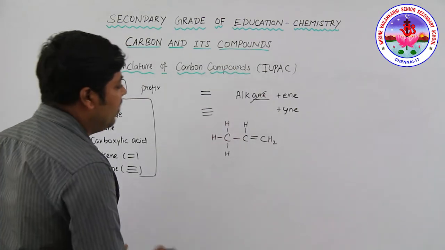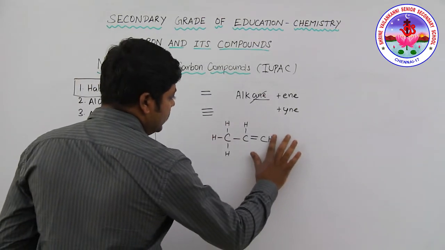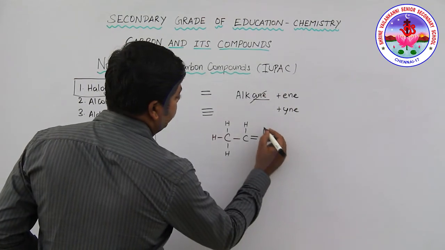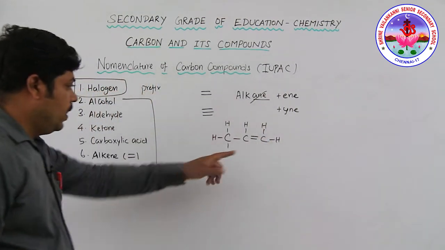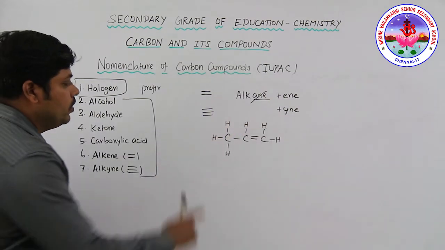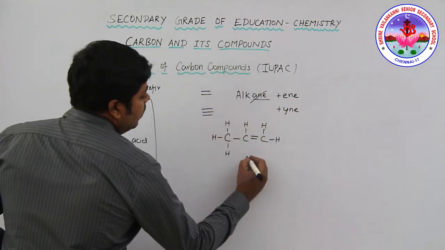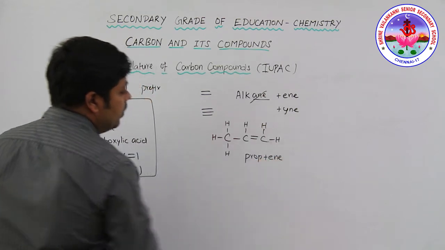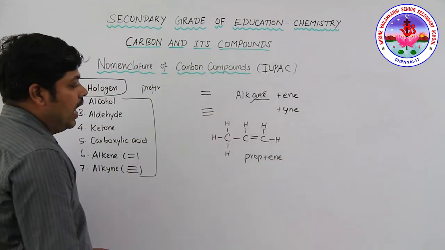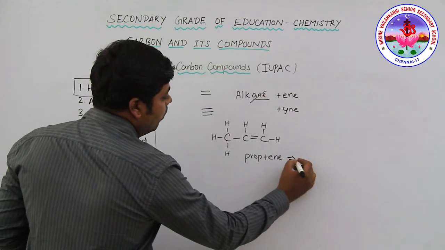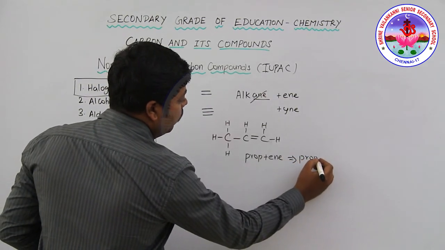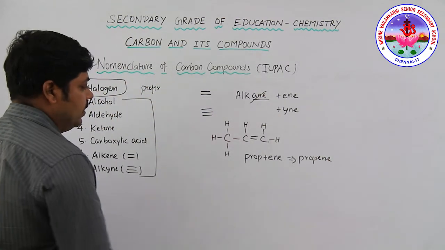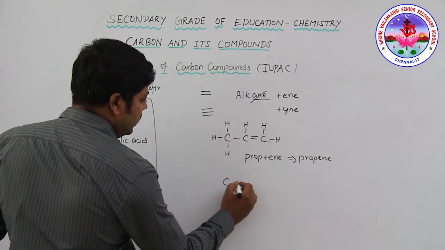Now check with the valency. Here the double bond is present, so write CH2. This is just the structural arrangement. So the compound is prop plus ene. Removal of ANE and addition of ENE, the compound will be propene.